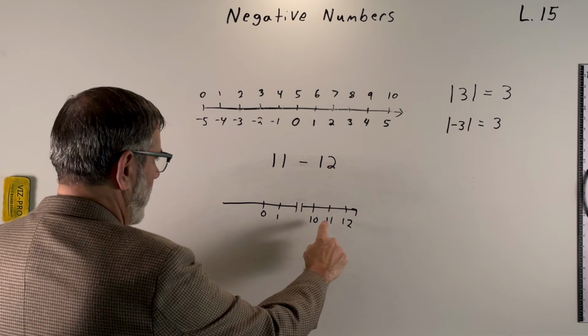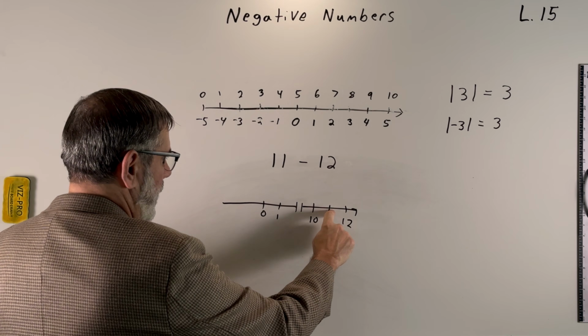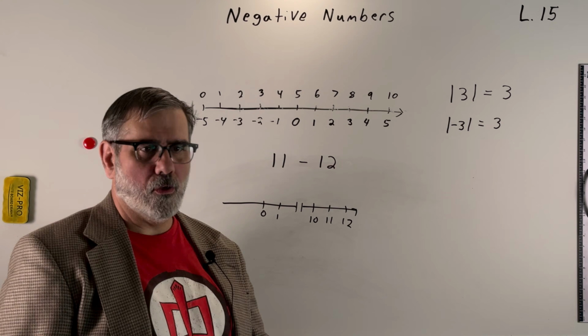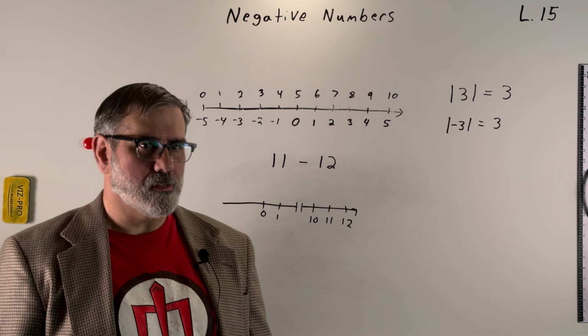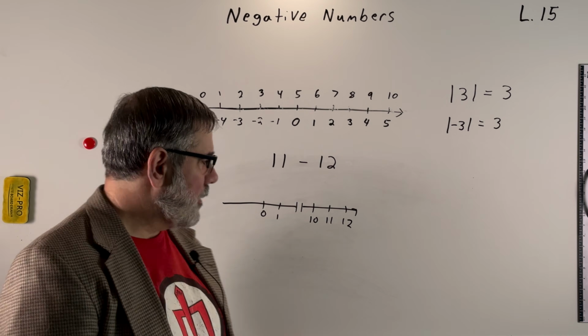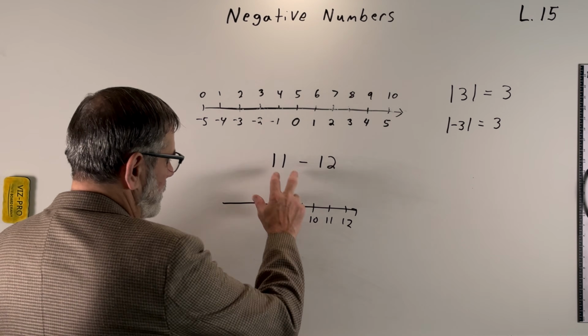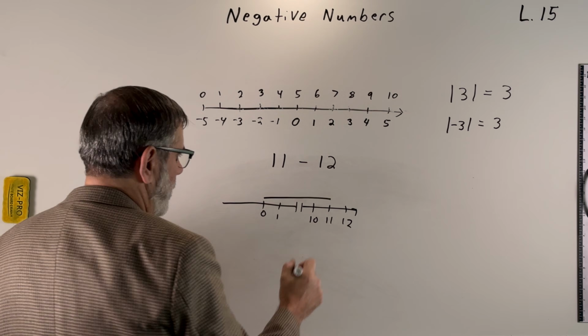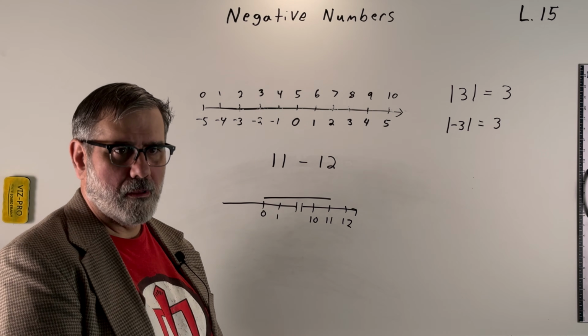This says to start at 11 and move to the left 12 units. But what happens if we only move 11 units to the left? So what is 11 minus 11? 0. We find ourselves at the origin, right? Because if we move that full 11 units, we've moved this full span here, yes?